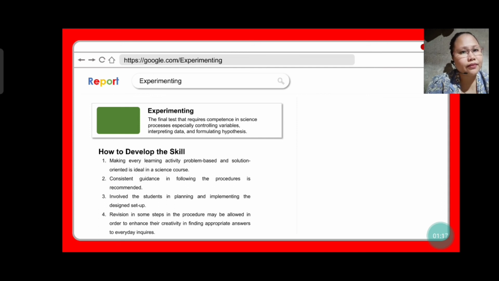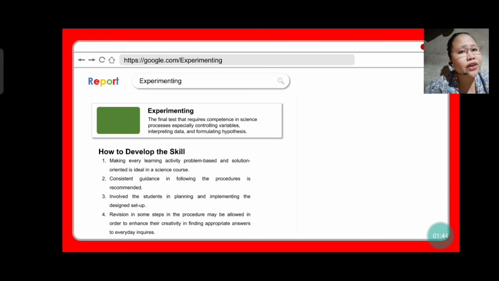experiments. And third is to involve the students in planning and implementing the design setup. So you should involve them. For example, you will let them decide on what the setups are, and what materials they will use to implement that experiment.